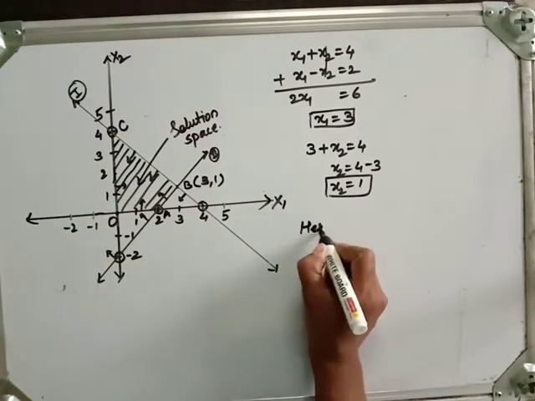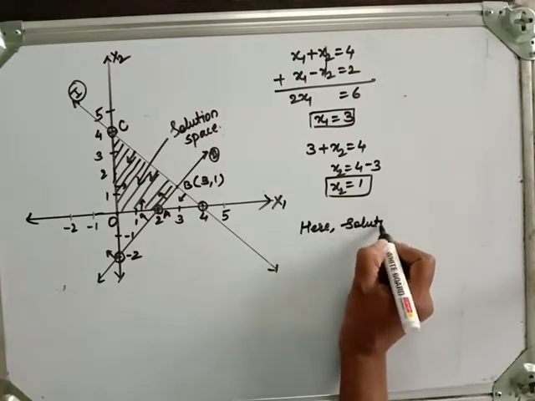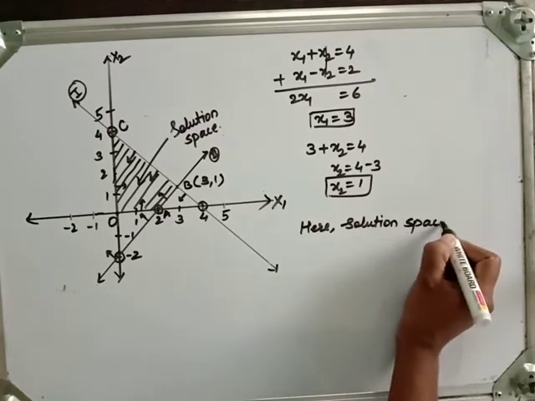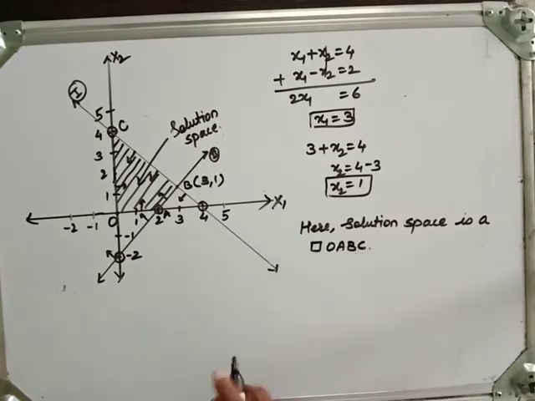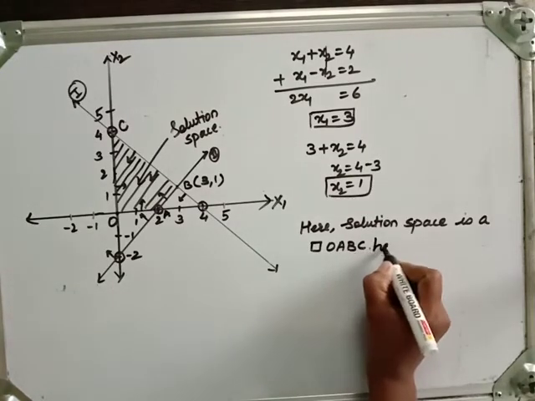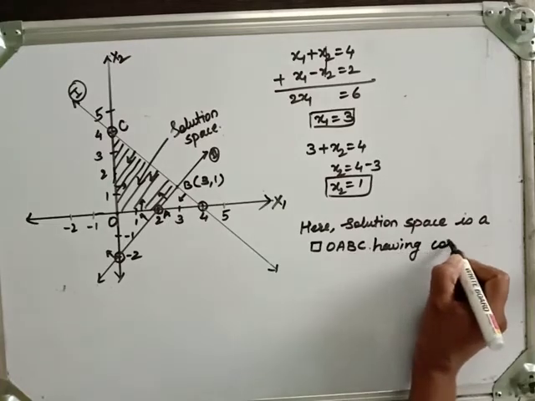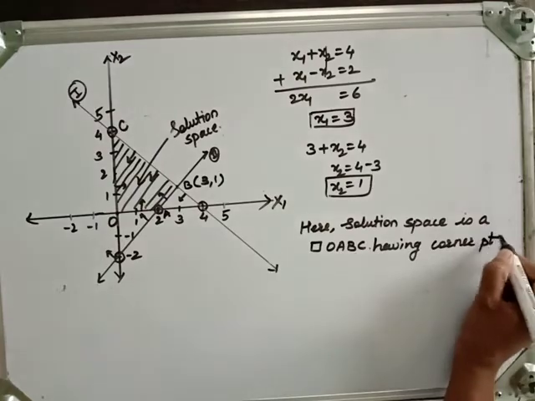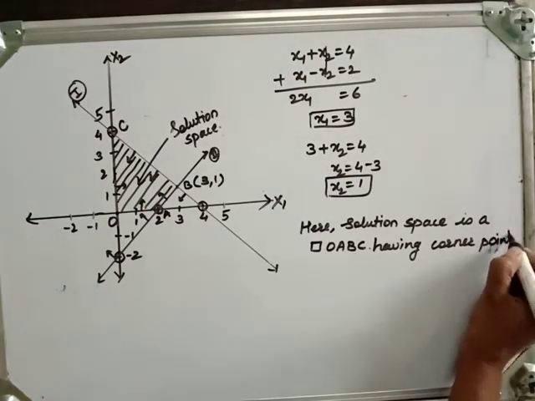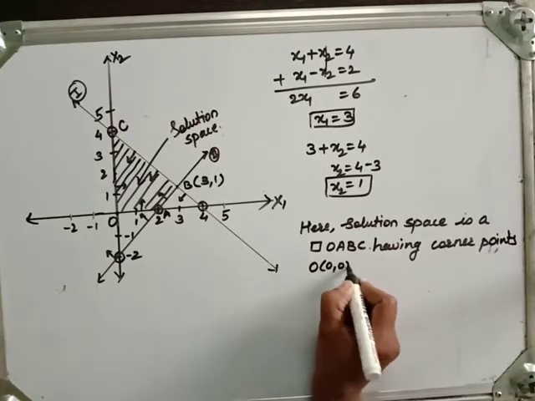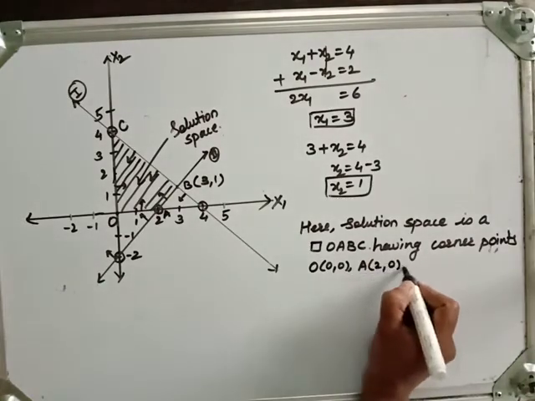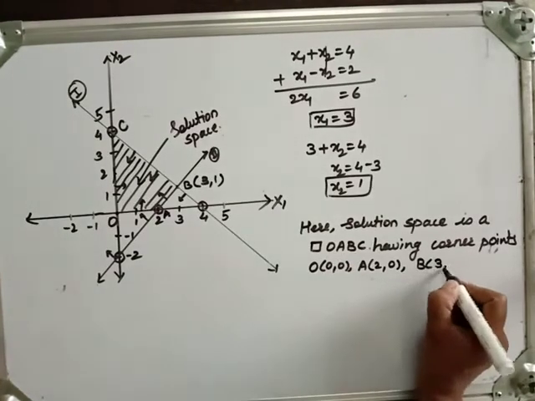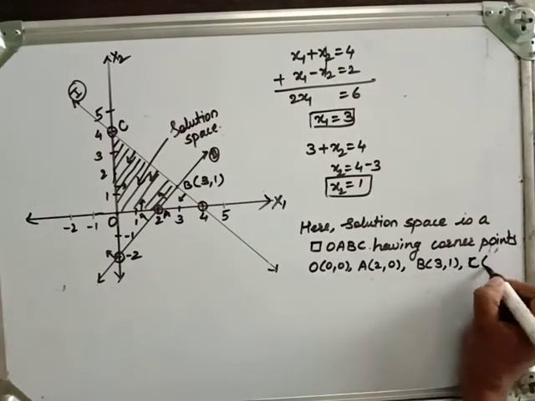Let me write here: the solution space is a quadrilateral OABC having corner points O with coordinates 0, 0; A on the x-axis with coordinates 2, 0; B, which we have already determined, with coordinates 3, 1; and C on the y-axis with coordinates 0, 4.